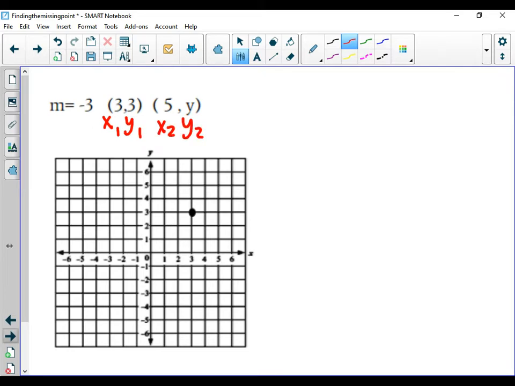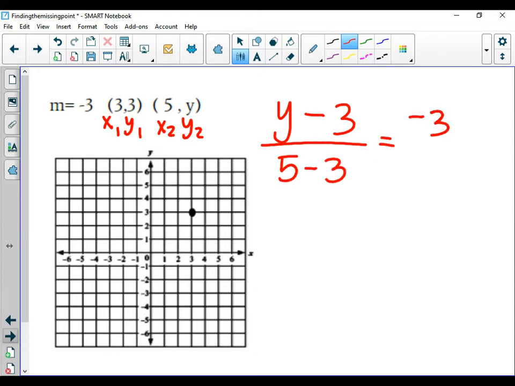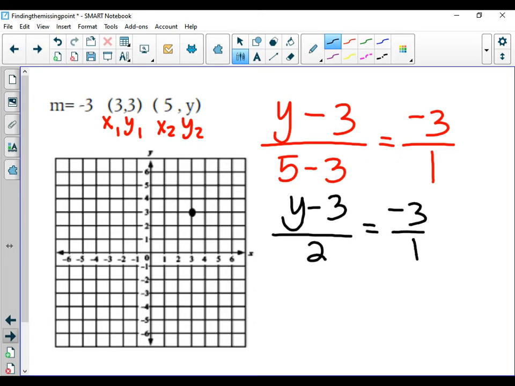I have y minus 3 all over 5 minus 3, set equal to negative 3. Now, again, you want to make it a fraction, put a 1 under it. Any whole number, put a 1 under it. So let's go ahead and simplify. So I have y minus 3 on top all over 2 is equal to negative 3 over 1.